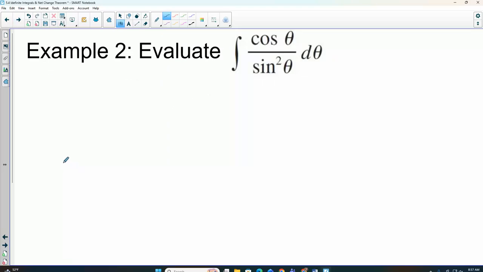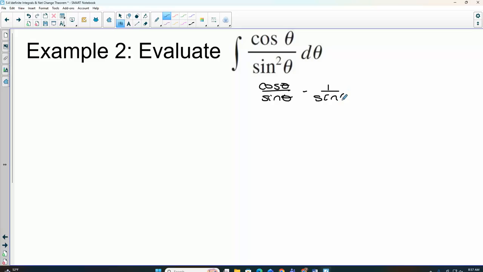Look at this one. So if I ask for this integral, can I do a product or a quotient rule in reverse? No. Okay, let's think about trig for a minute. Cosine over sine squared. That's the same thing as saying a cosine over a sine and a 1 over a sine.